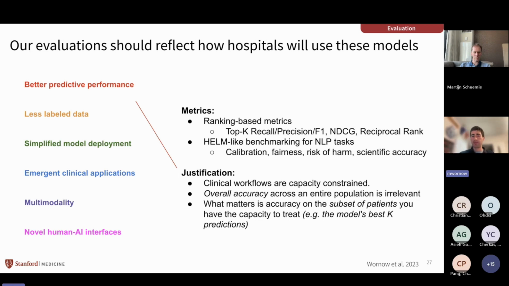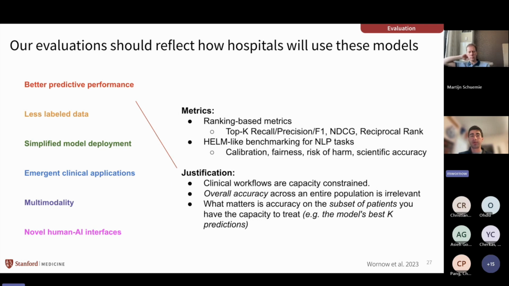And then on the NLP side, this Helm-like benchmarking for NLP test point, I'll just briefly mention there's another work out of a more classic machine learning lab at Stanford called Helm, which stands for Holistic Evaluation of Language Models. One of the things they noticed was, a lot of large language models are evaluated on how well they do on multiple choice question answering, but there's a lot of things that you might care about besides, can this model pass the USMLE?